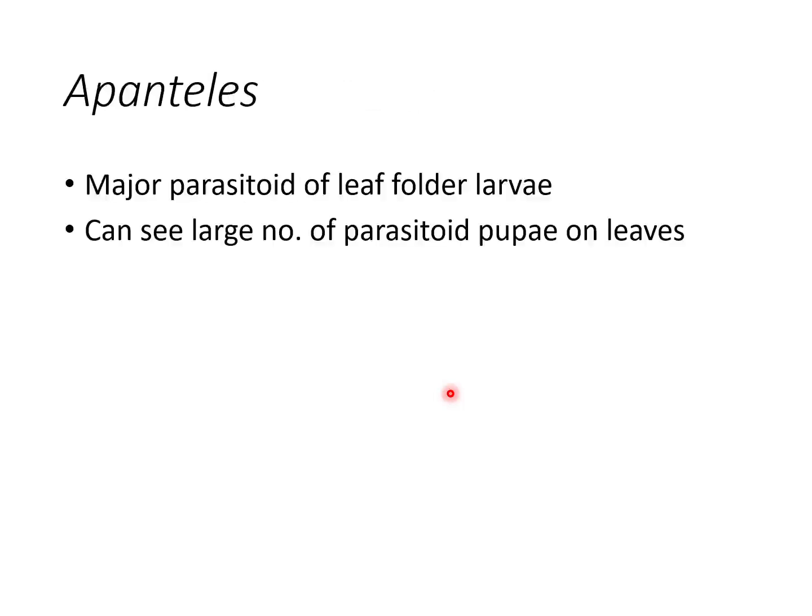Then Apanteles. Apanteles is a larval parasitoid. It is a major parasitoid of leaf folder larvae. Once the parasitoid completes its life cycle inside the leaf folder larvae, by that time the leaf folder larvae will be killed, and the Apanteles larvae come out of the killed leaf folder larvae and pupate outside.